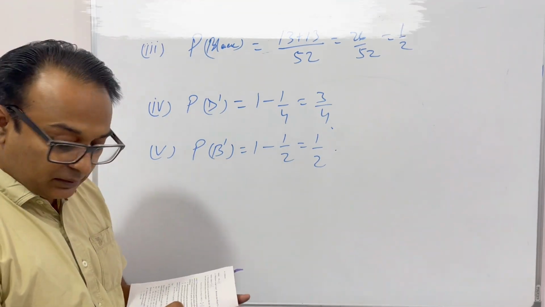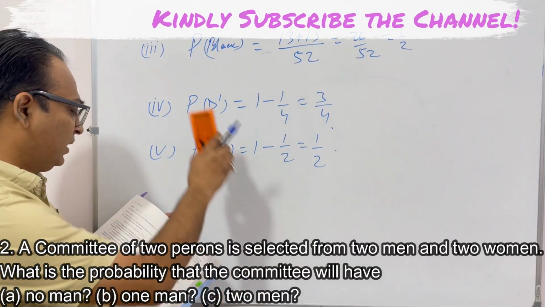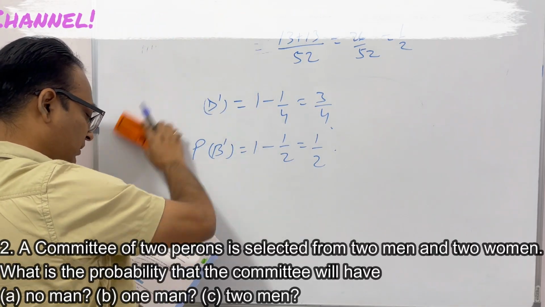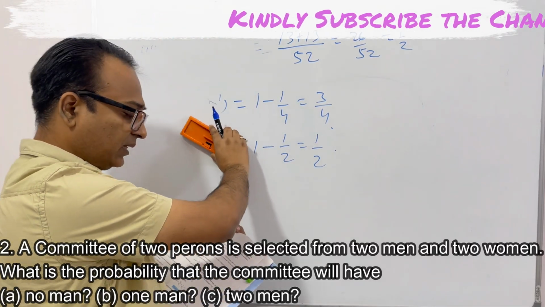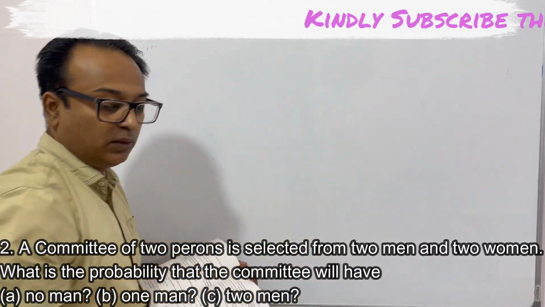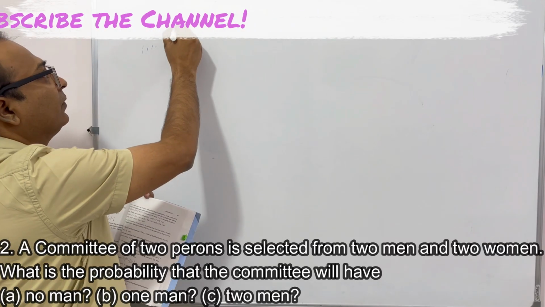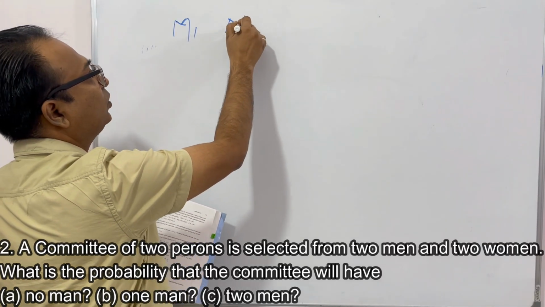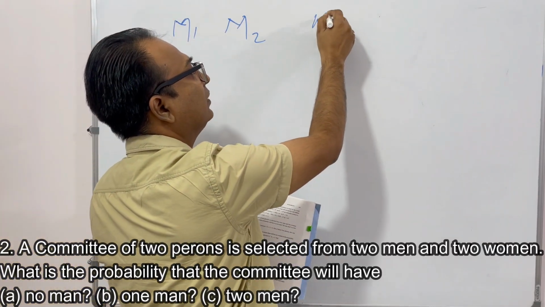This is a good question. It says a committee of 2 persons is selected from 2 men and 2 women. So there are 2 men, man 1, man 2, and 2 women.